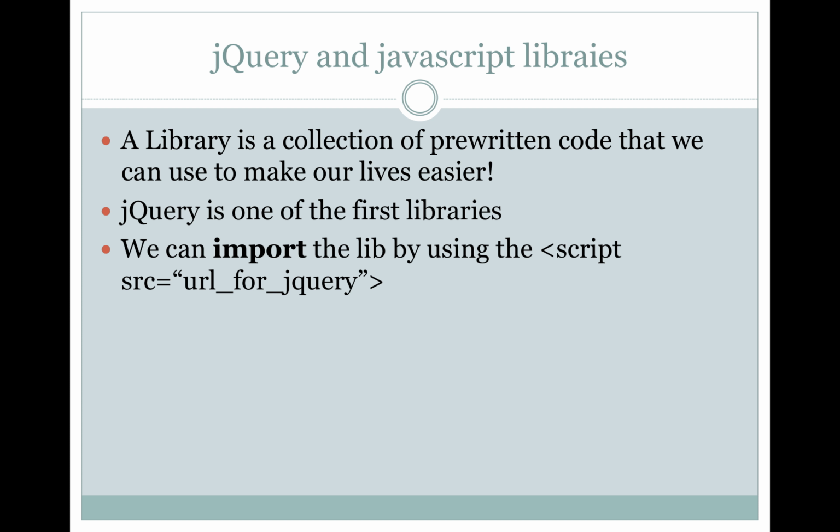We saw last time that we can use a version hosted on a content delivery network like Google APIs. So it keeps it up to date, it has high uptime, and it also provides some really interesting advantages. Because browsers cache things, if a lot of different websites use the same library with the same URL, everyone's loads faster because it's probably cached from another website when they show up to yours. So it's a really good speed bonus.